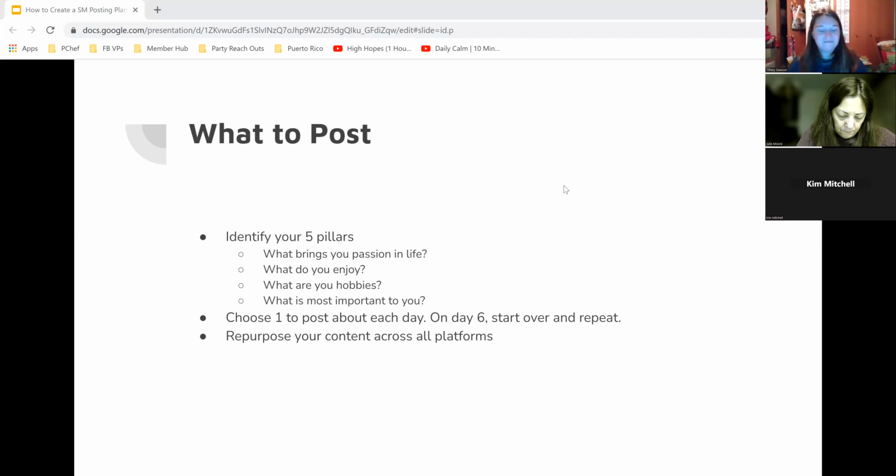A friend of mine, when we were chatting about this last week, her 5 are family, faith, food, fitness, and fun. So these can literally be anything, but they just need to be specific to you and things that you are passionate about so you can easily talk about them with others.